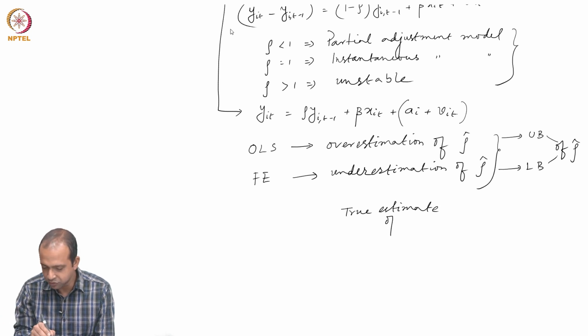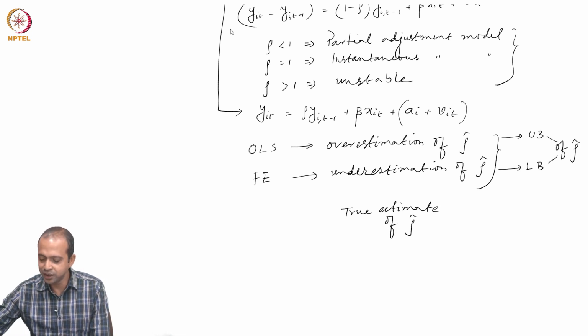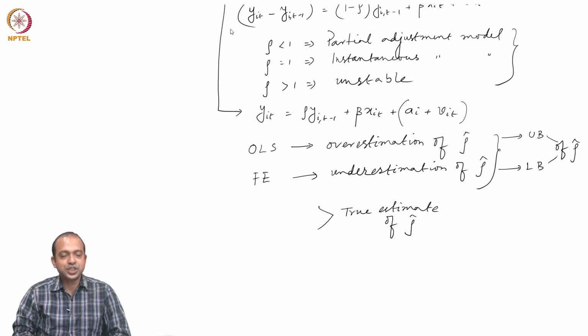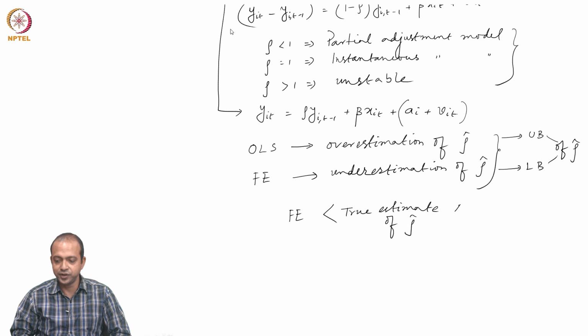So, whenever we are estimating a dynamic panel data model, we need to first check the upper and lower limit of your estimates, and then apply the dynamic panel data model estimation technique. When you get a rho hat, you will see whether your rho hat is actually lying within the interval of FE and OLS, right.